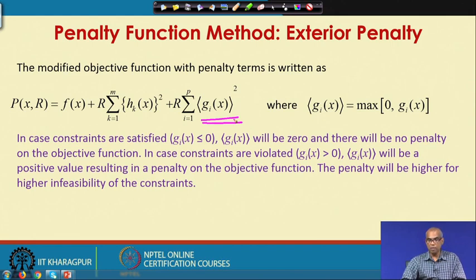In case constraints are violated, that means g(x) greater than 0, the bracket operator will be a positive value resulting in a penalty on the objective function. The penalty will be higher for higher infeasibility of the constraints. That means, the penalty will be higher when the constraint violation is higher.